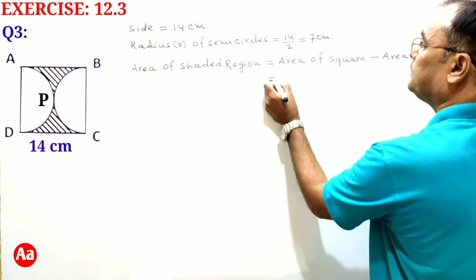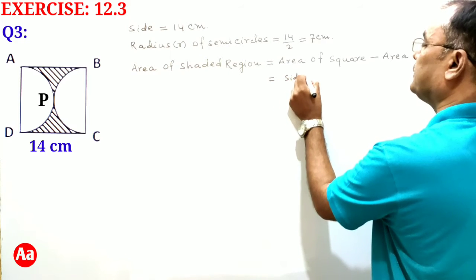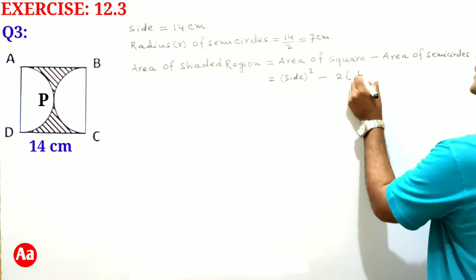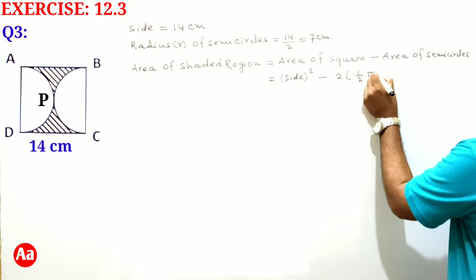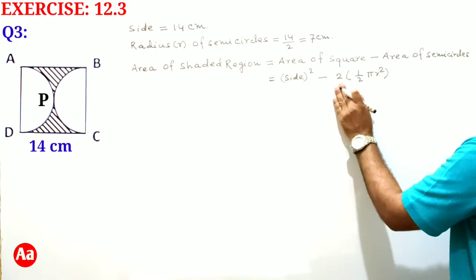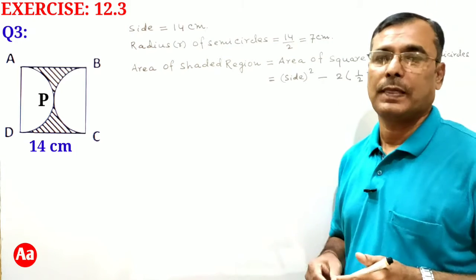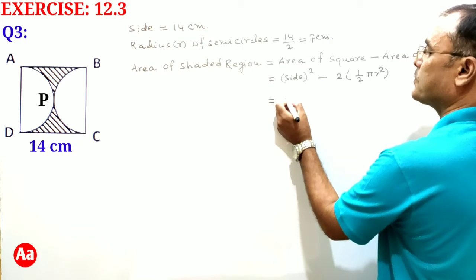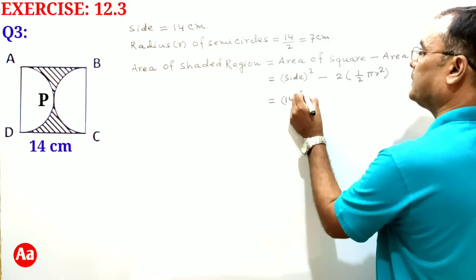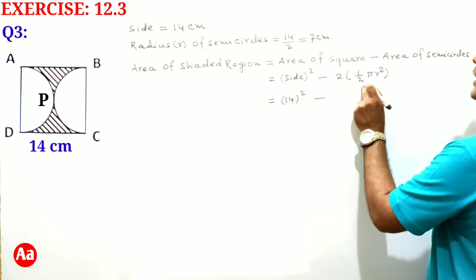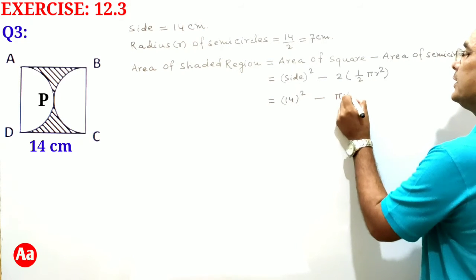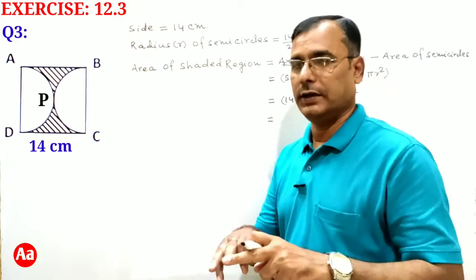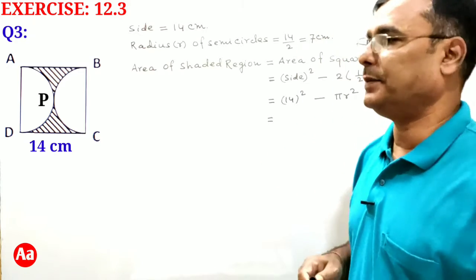Area of square, side square, minus 2 into area of one semicircle, half pi r square, and there are two semicircles of the same area, so we have multiplied by 2. So this is equal to 14 square minus 2 into half pi r square, which is ultimately pi r square. Both the semicircles together will form a complete circle of radius 7 centimeter.